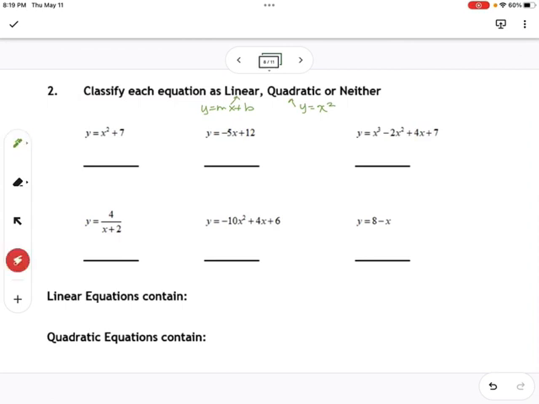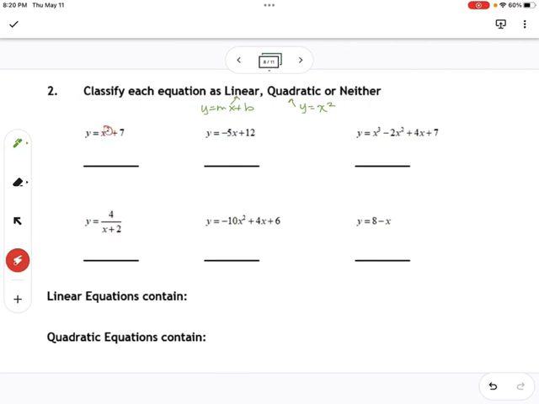So if we have an x squared in the equation, then we can say it's quadratic. If there are exponents higher than 2, higher than the x squared, that is when the equation is going to be neither.